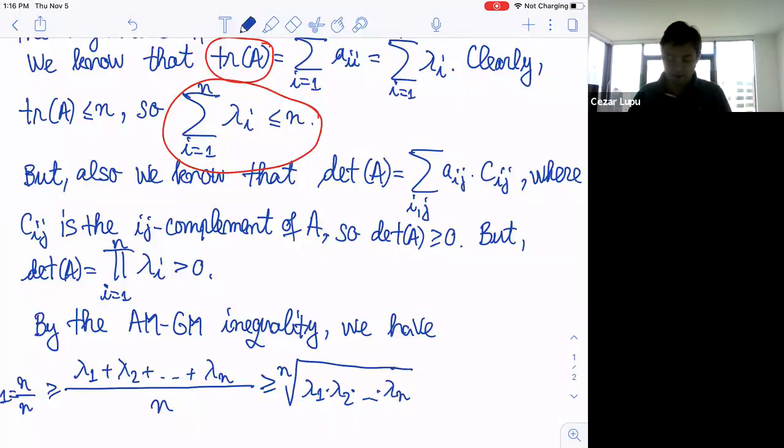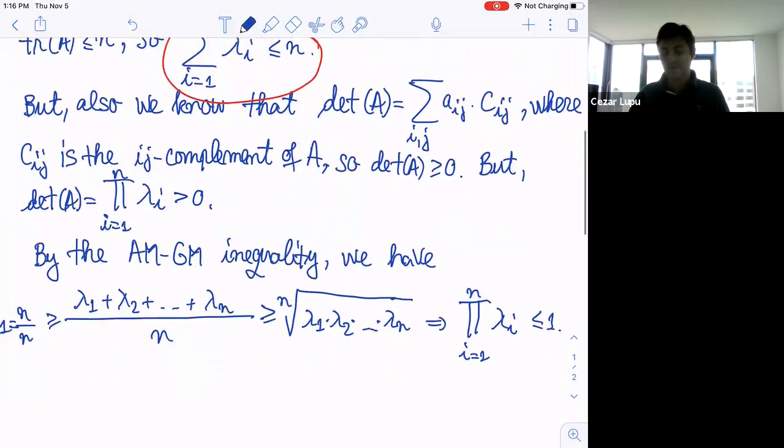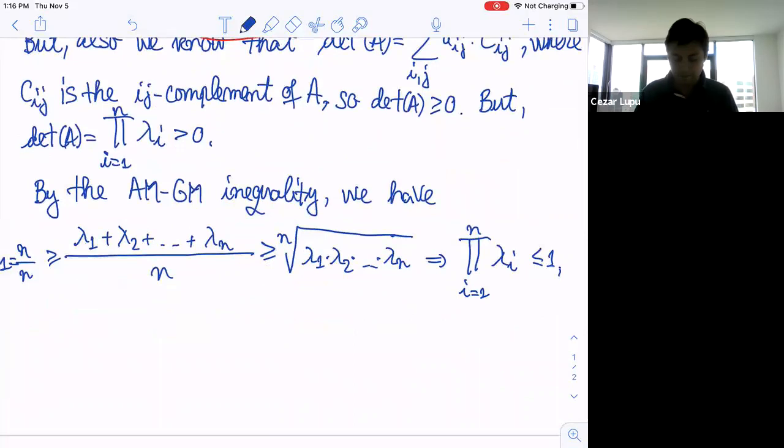But on the other hand, it follows that the product of the lambdas is less or equal than 1. But this is nothing else than the determinant of A, which is less or equal than 1.